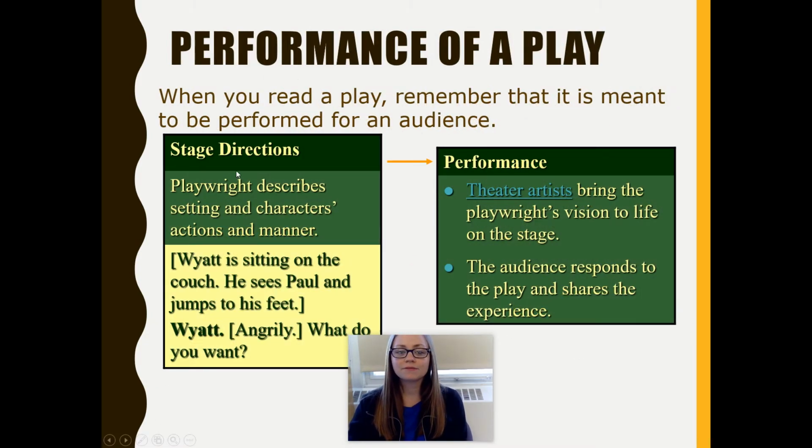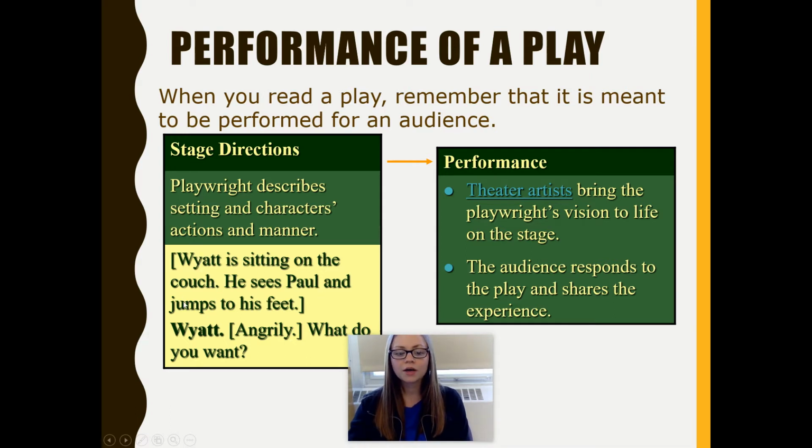So, the performance of a play. When you read a play, remember that it is meant to be performed for an audience, okay? So you have your stage directions, and your stage directions describe the setting and characters' actions and manners. Let's look at this example. Wyatt is sitting on the couch.